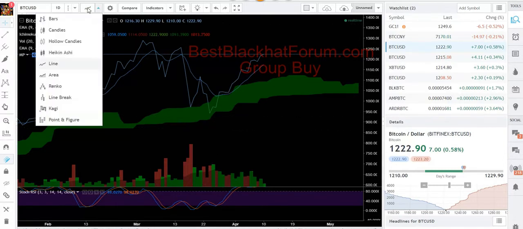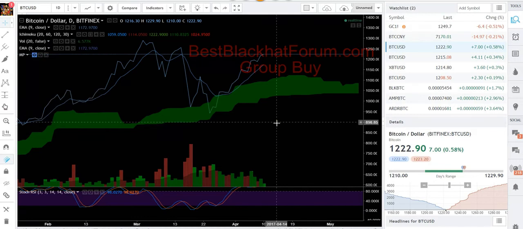Now, the line chart I use a lot to show me the core price. It doesn't show us the expansions in price, the extreme highs and the extreme lows. It's just showing us the open and close for that time period, so it's a good indication to get a true representation of price in a time frame.